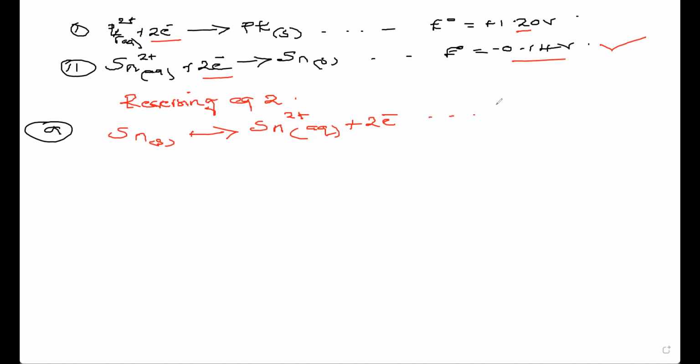Then we have the E cell of this, and it is okay even if the sign of the cell potential remains unchanged. Is that okay?